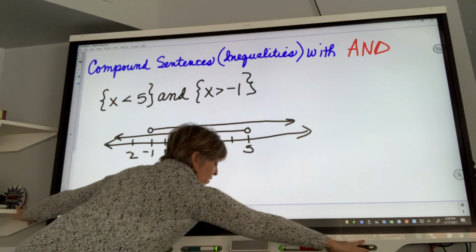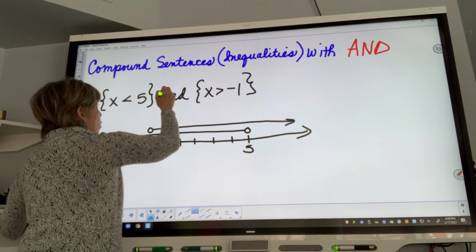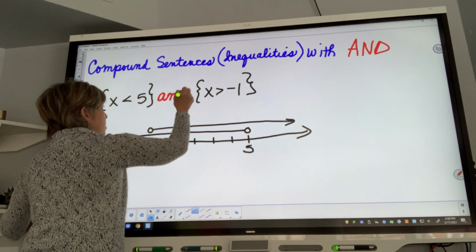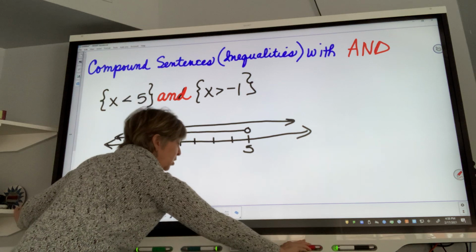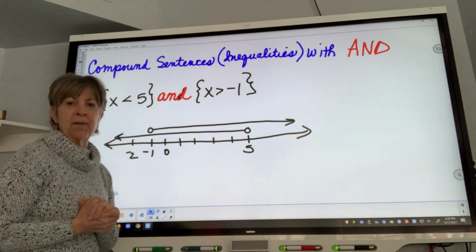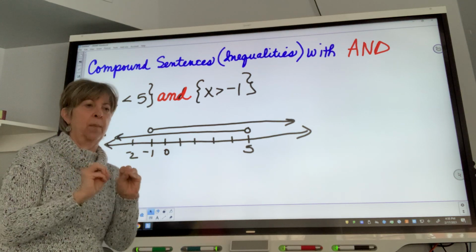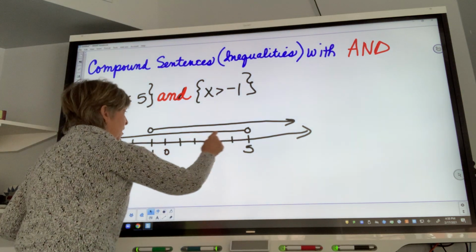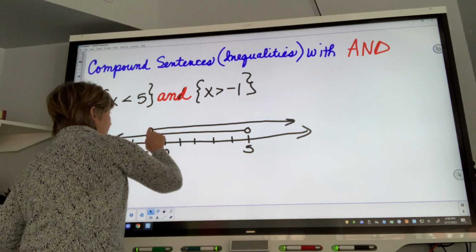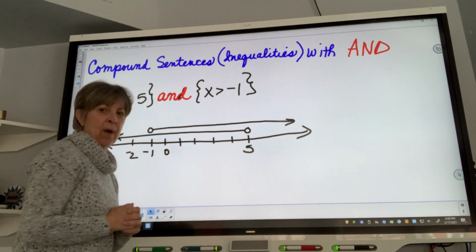Now the thing is, the word in between these is the word and, which means that's not my final answer. My final answer is just those numbers that are in this graph and that graph.